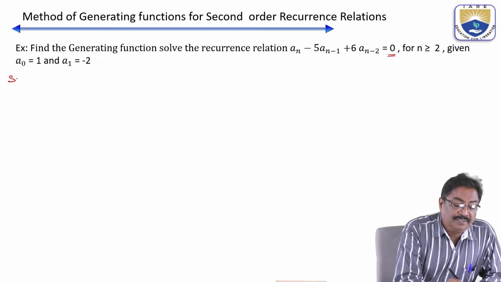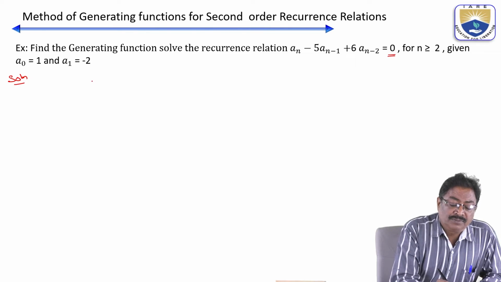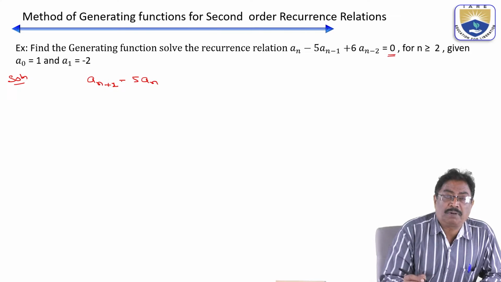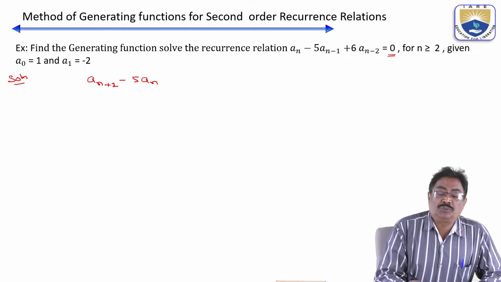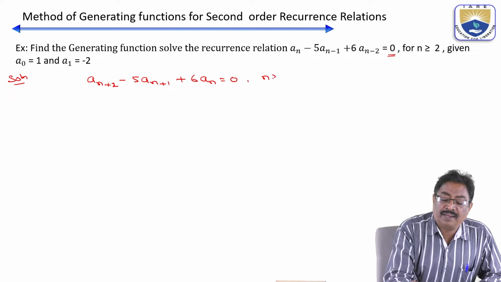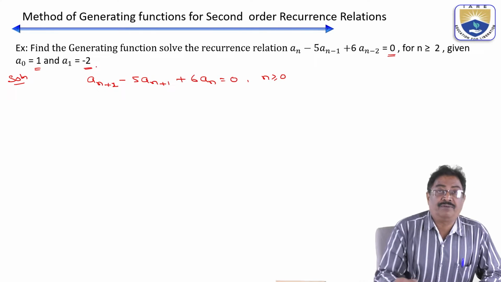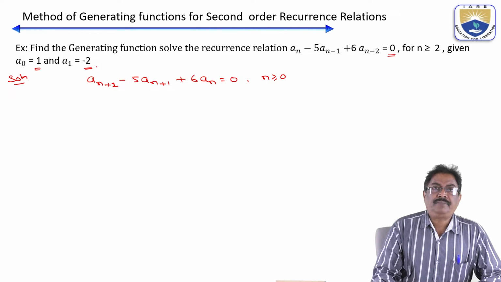Substitute n equals n plus 1, so it is a(n+2) minus 5 a(n+1) plus 6 a(n) equals 0. This is true for n greater than or equal to 0, and a0 and a1 are given.